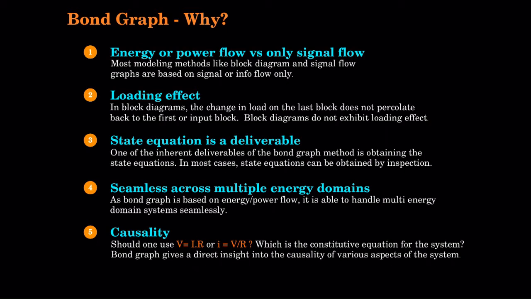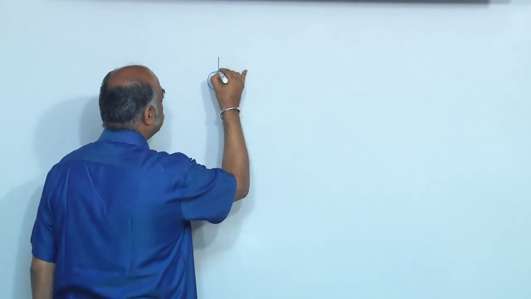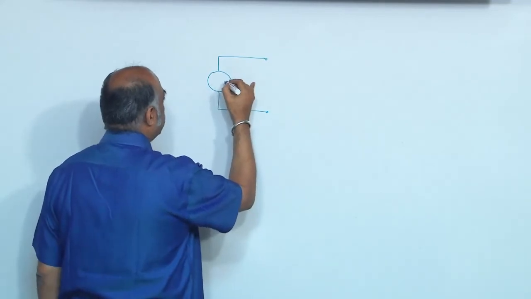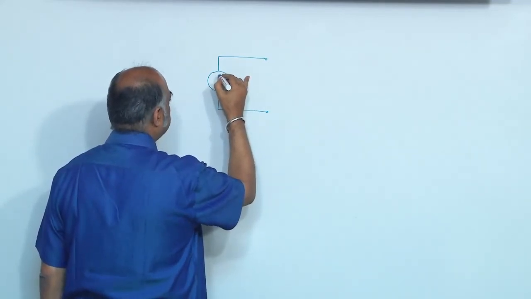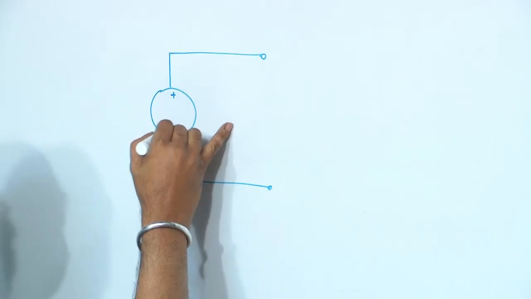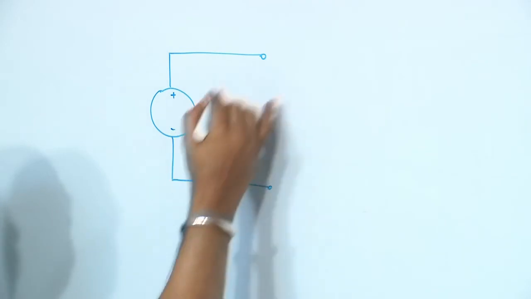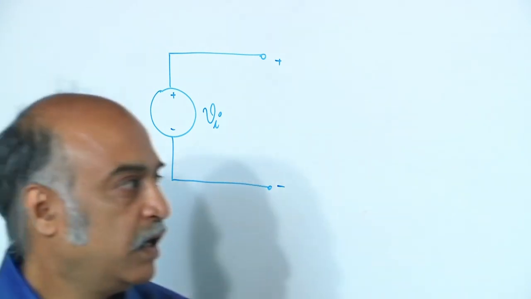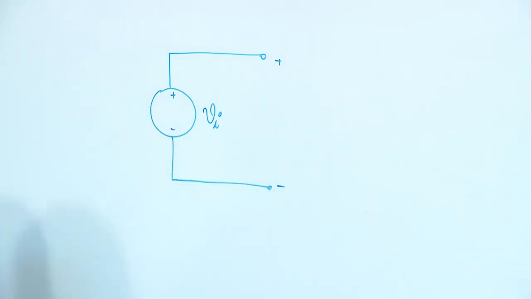See, for example, if I take a voltage source, what is the cause and effect for this? In this case, the source defines the voltage.